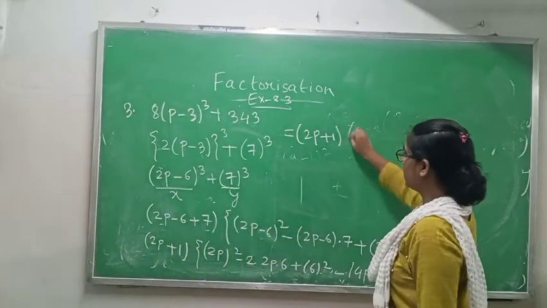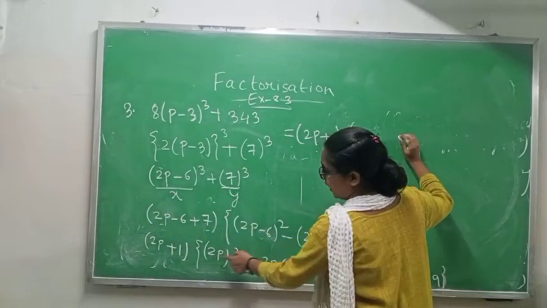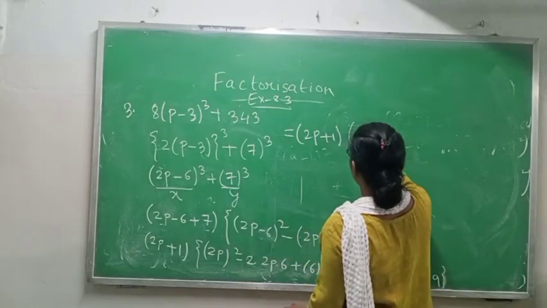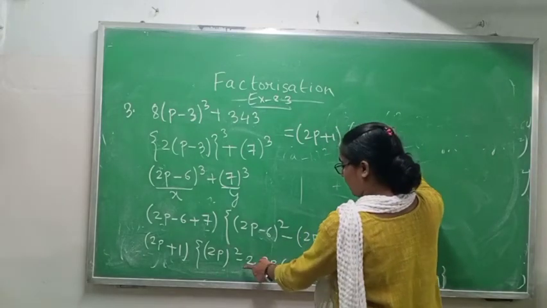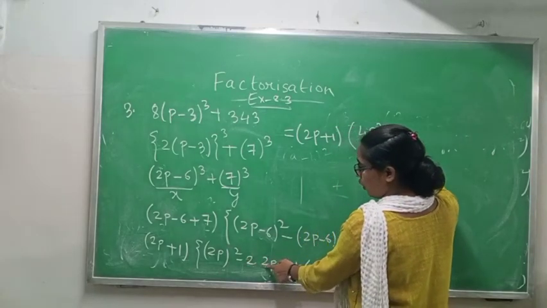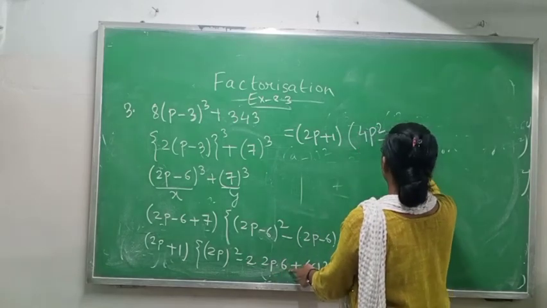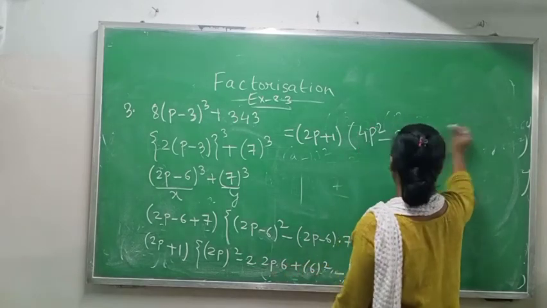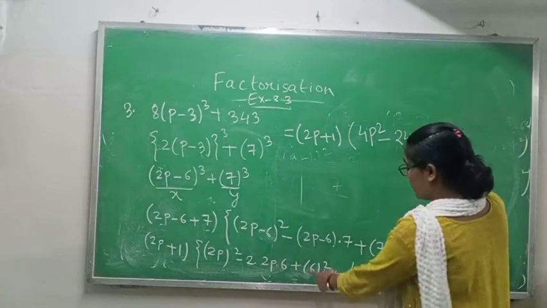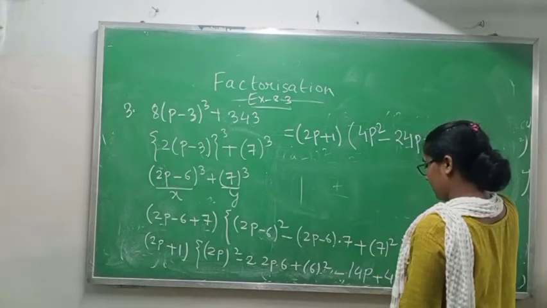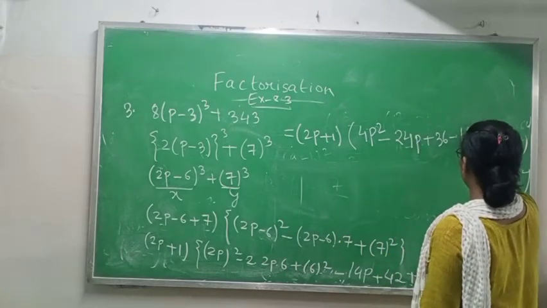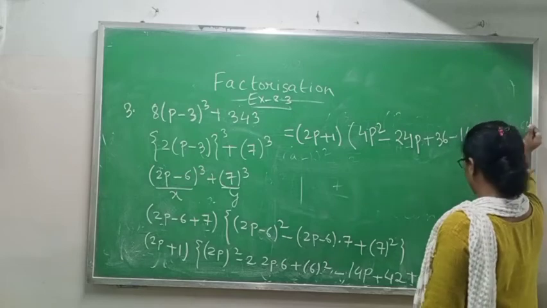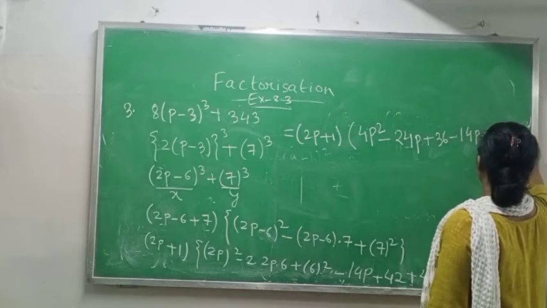Now we have to solve this one. 2 square and p square. 2 square will be 4 and p square will be p square. Minus 2 2s are 4, 4 6s are 24, 4p. We have one p here also. So plus 6 square will give you 36, minus 14p plus 42 plus 49.